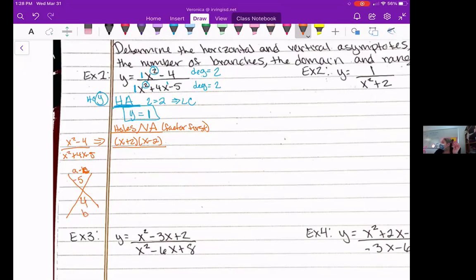So what two numbers multiply to -5 but add to 4? The only factors of 5 are 1 and 5, right? So we have 1 and 5. So when I multiply these, it needs to be a negative. So I know one of them has to be negative. And to get a 4, the bigger number has to be positive. So it's -1 and +5.